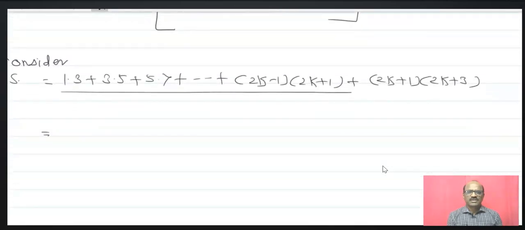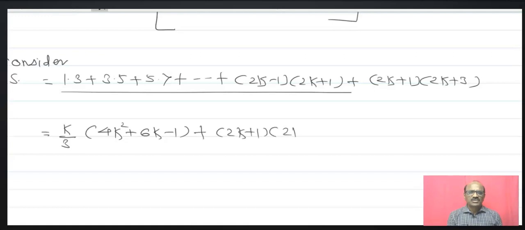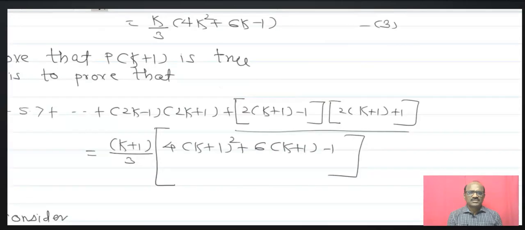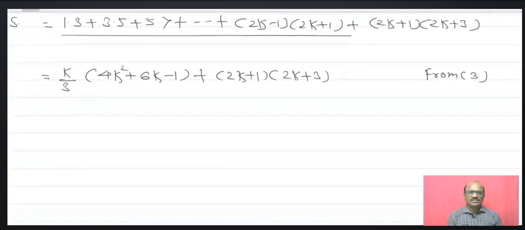Now substitute the value: k upon 3 (4k square plus 6k minus 1) plus (2k plus 1)(2k plus 3), which is from 1.